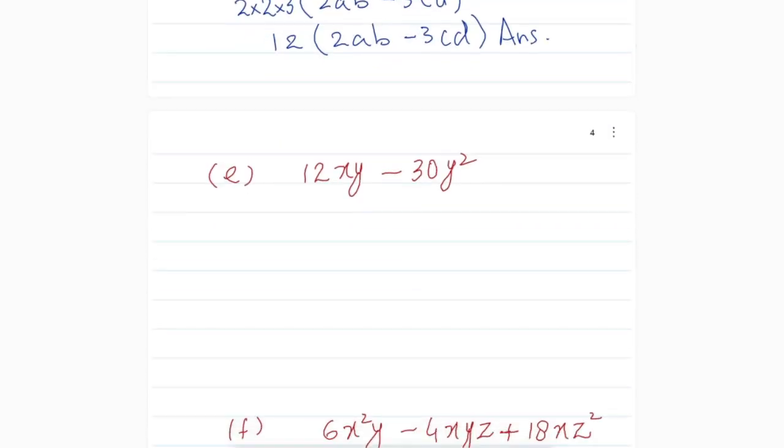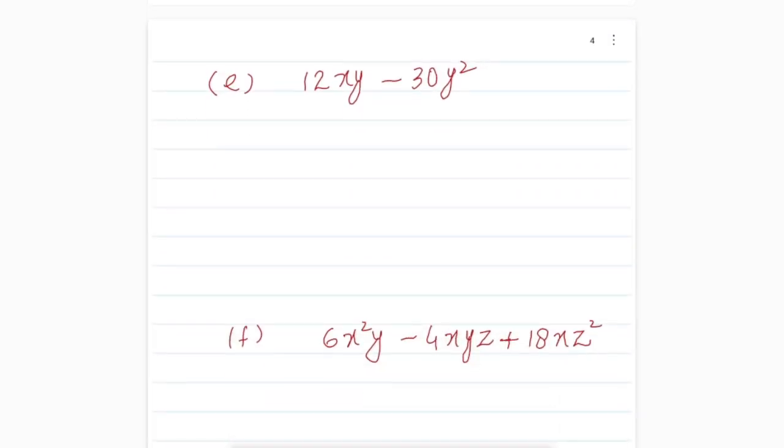Now, extending this to variables, you can see here the expression 12xy minus 30y square. Rather than writing y square, we'll be writing this as 30y times y. The purpose for writing this is to make it simplify after cancellation. So we'll be learning further how it is beneficial for us.